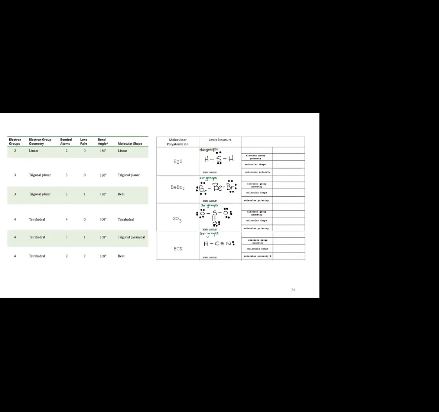I'm saying this has 4 electron groups, and 4 electron groups means tetrahedral. Let's look at the next one. 2 electron groups. What is the electron group geometry for beryllium bromide? Excellent job. Linear.